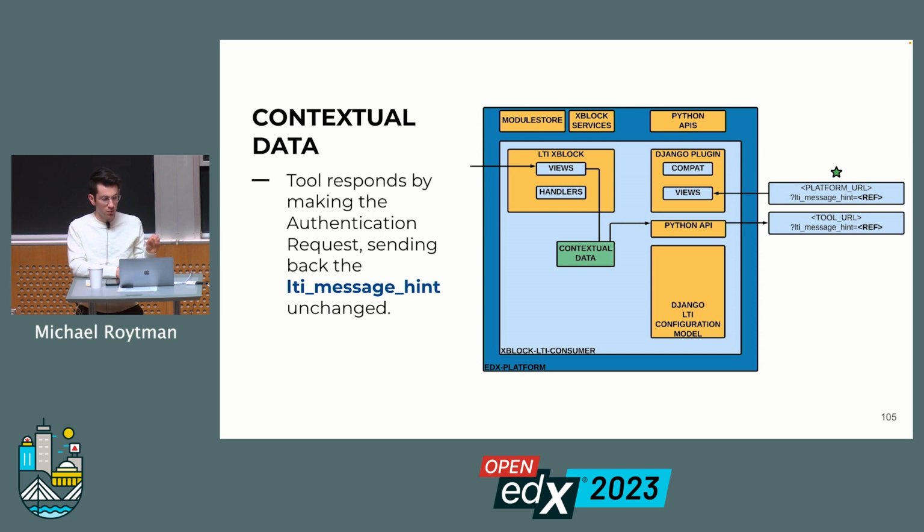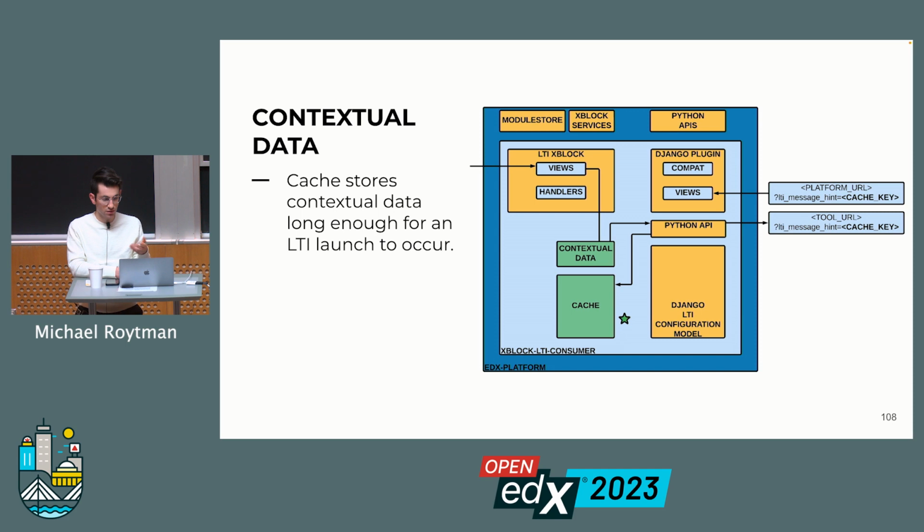But you need to maintain this data in the library between the first leg and the second leg. And we did this using a cache. This is short-lived data. LTI launches are short and ephemeral, so is the data. When you generate the LTI launch URL, we also store that data in the cache and actually pass the cache key as the reference.